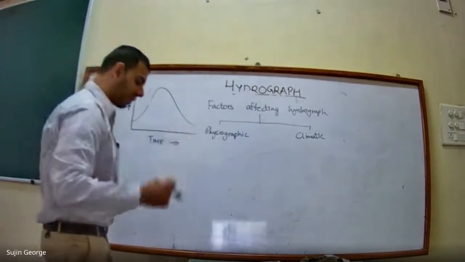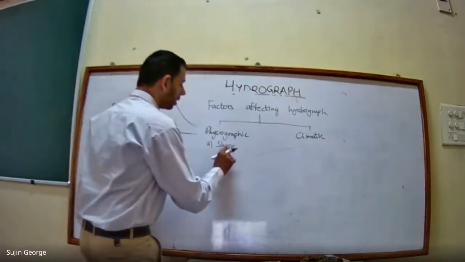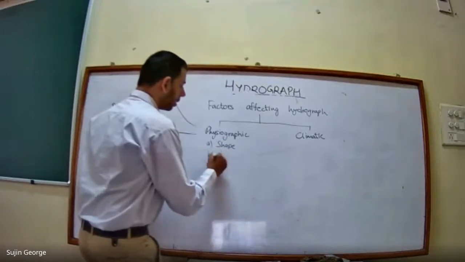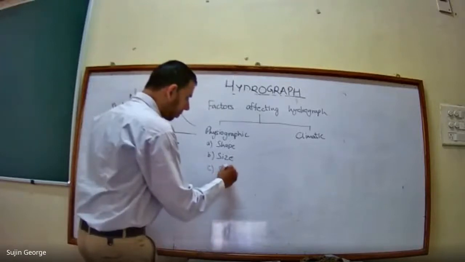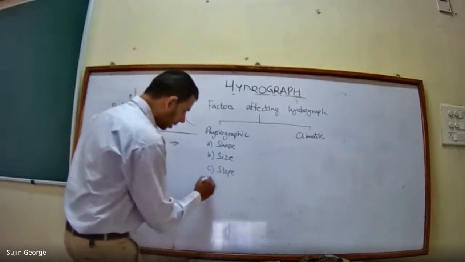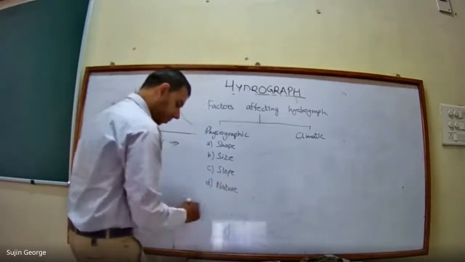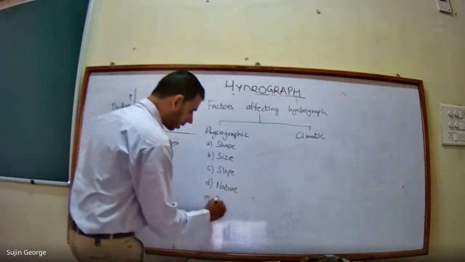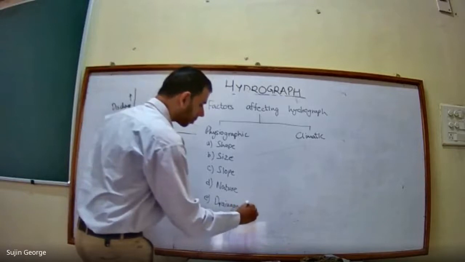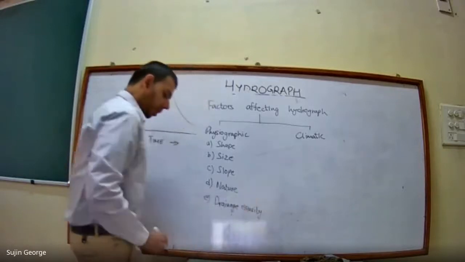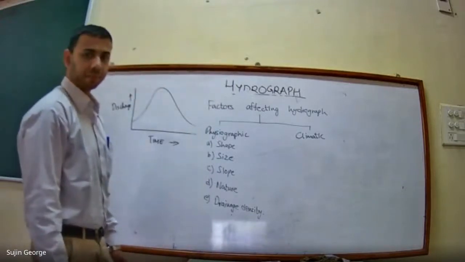Now under the physiographic factor, there could be several factors like the shape, the size, the slope, the nature, the drainage density. Okay, these all come under the physiographic factors.